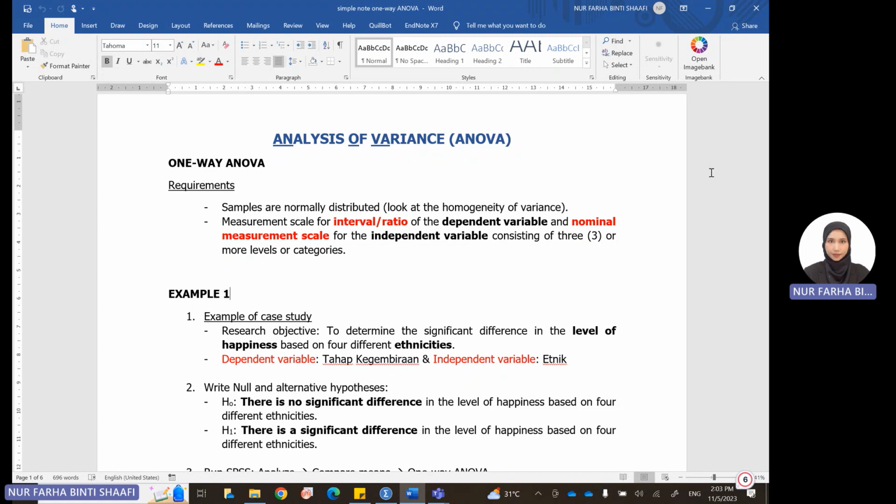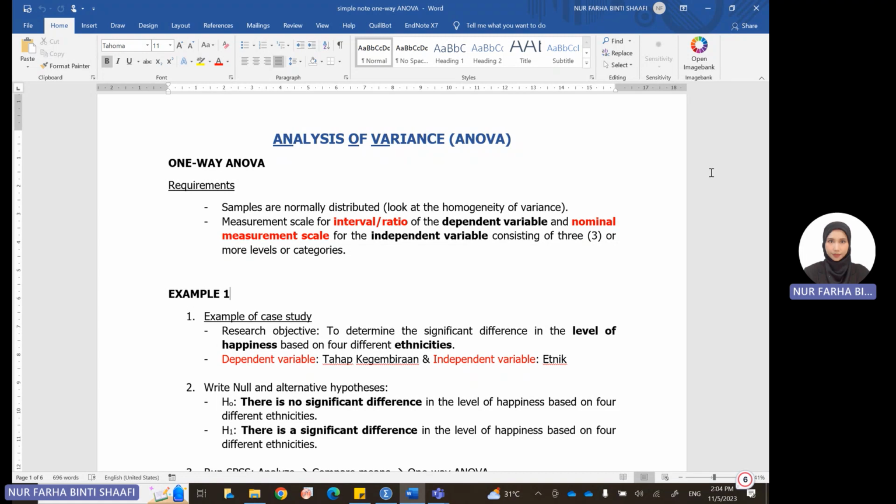For your level, you may cover 2 types of ANOVA. Next week, if I'm not mistaken, you will cover ANOVA in your lecture class, which is one-way ANOVA and two-way ANOVA.